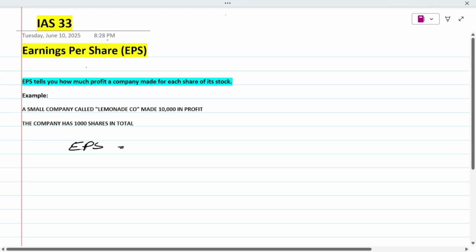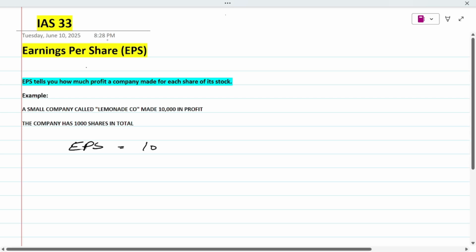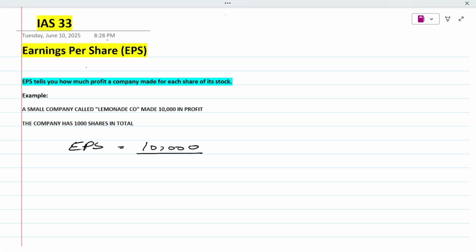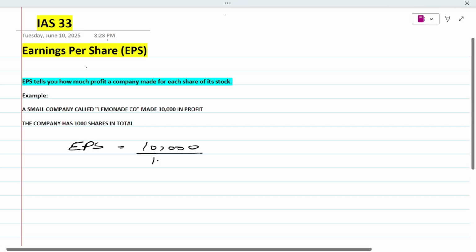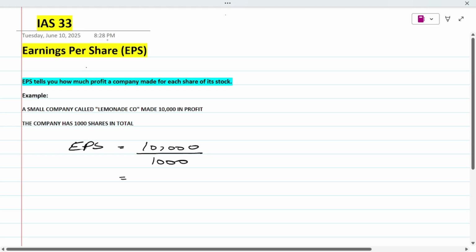So it's the total earning that your company made till date, divided by the 1,000 shares as per the example. And if I divide this, I'm going to get an EPS of $10.